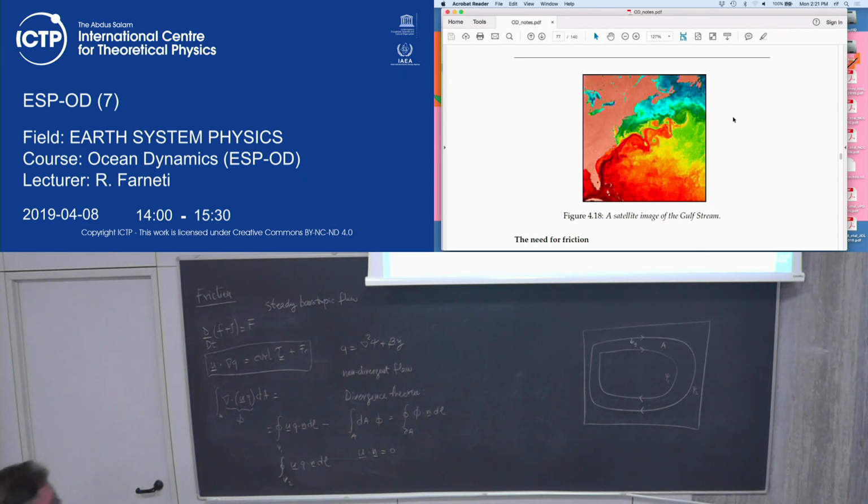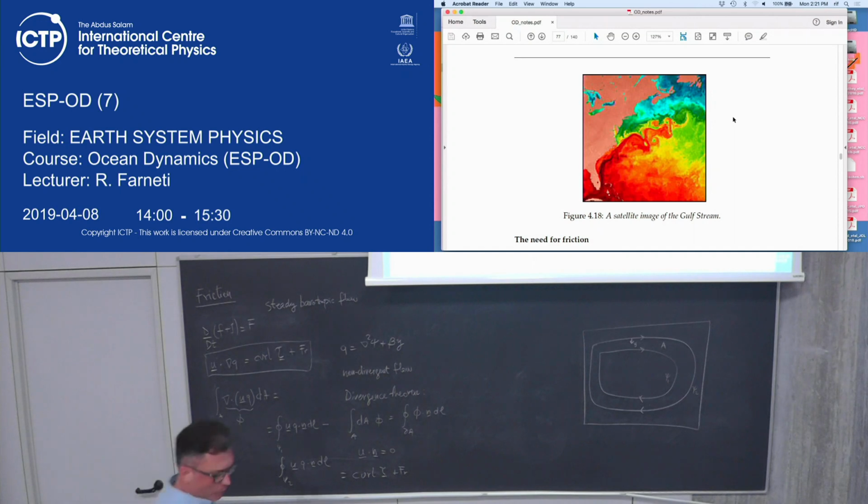Okay. So this is going to be equal to 0. But this is equal to the curl of tau, sorry if you can't see, plus any frictional term. Okay.